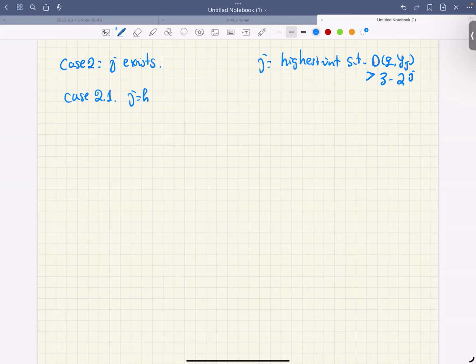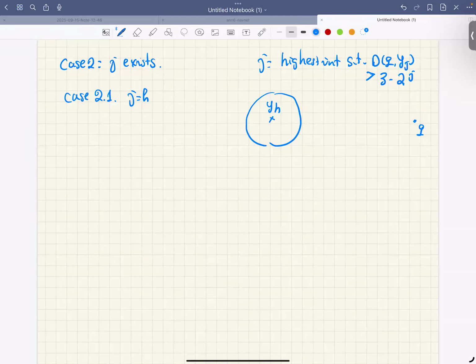Basically it says this Yh here, and 3 times 2 to the power of h, 2 to the power of h is even larger than the diameter of the data set. So if all the points are in here, and then the query is really, really far away. Now think about the heads-up message.